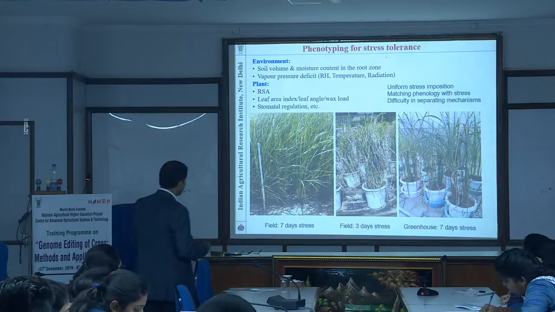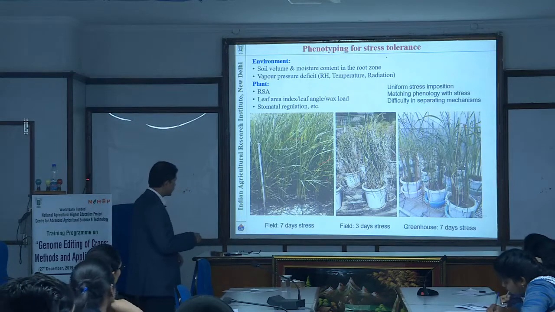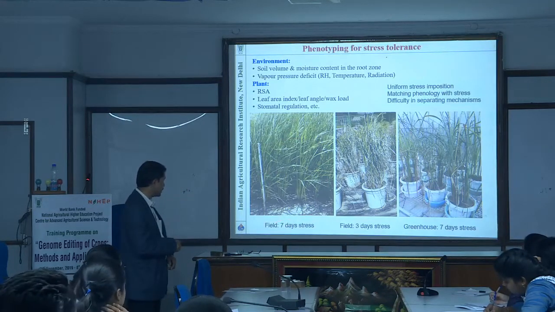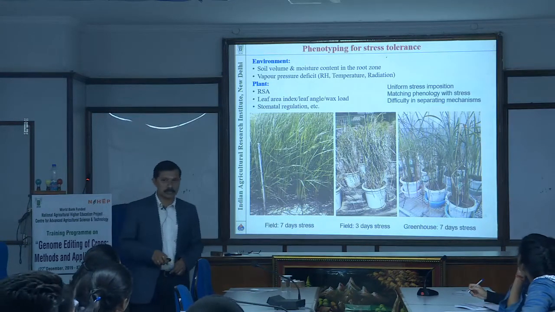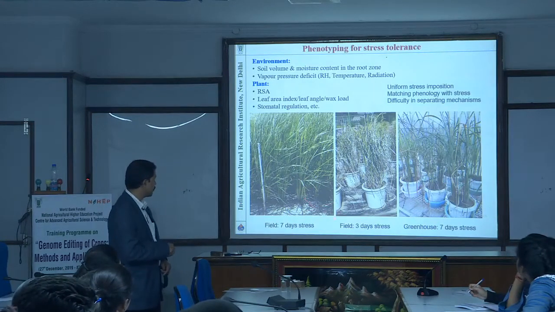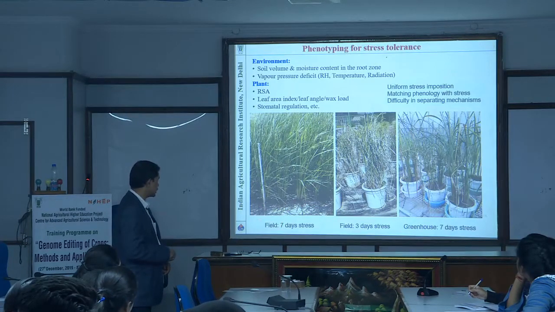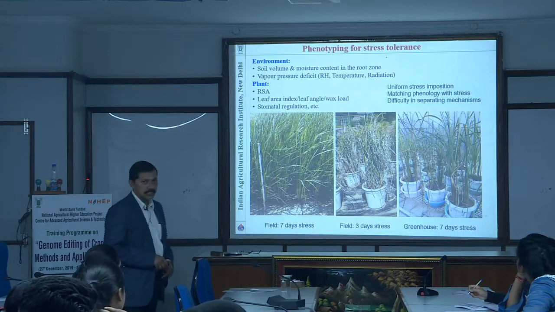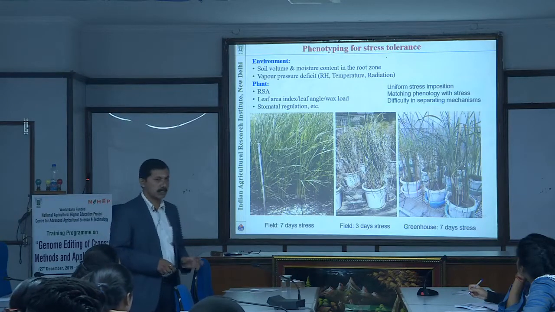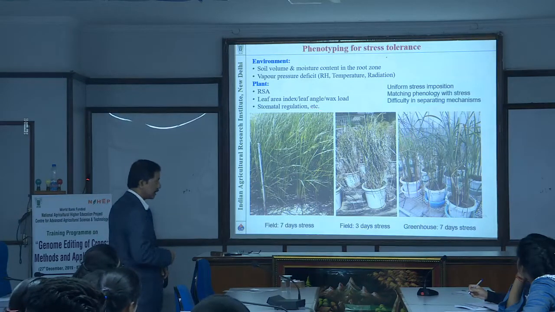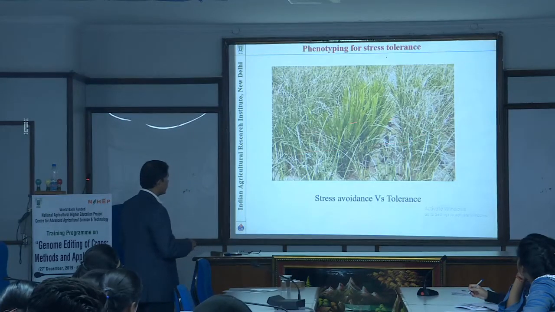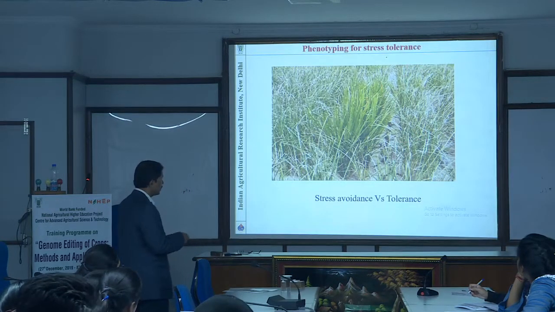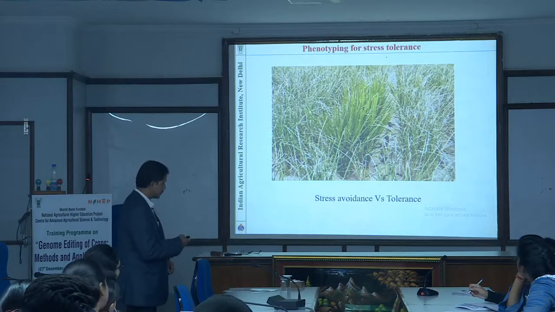If you impose a stress under field conditions, here you see rice plants subjected to drought stress, grown for 7 days with no irrigation. You can see the cracks on the soil, but still there are very few obvious symptoms on the plant. Under this condition, if you screen genotypes, you will find some are tolerant and some are sensitive.